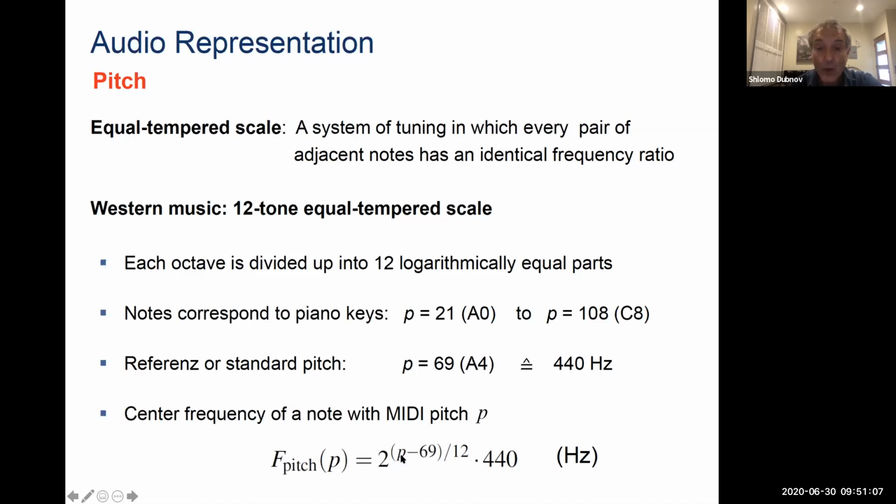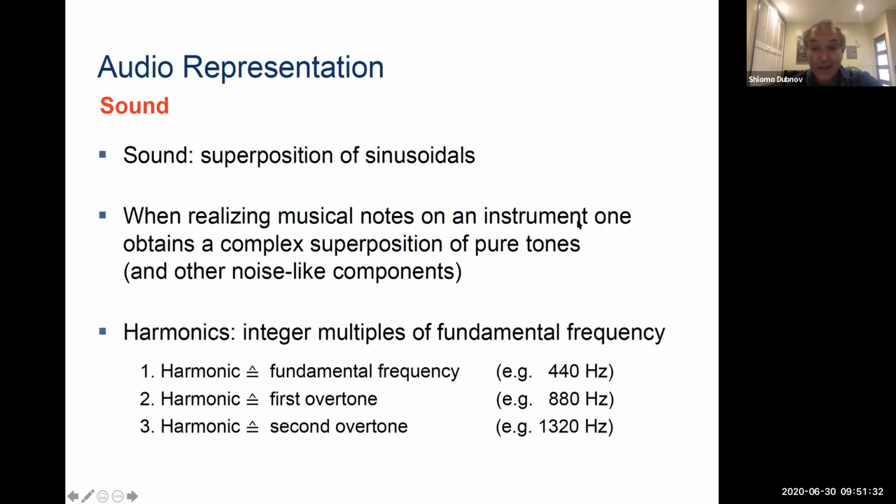So one step up or one step down on a keyboard is translated to physical frequencies that move by a factor of 2 to the power of 1/12. If you open a calculator and compute that number, it's about 6%, a 5.9% change in frequency.